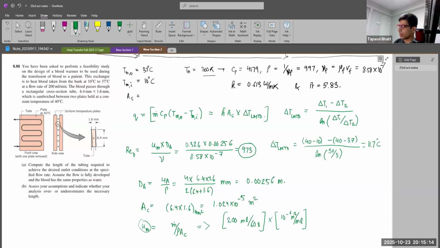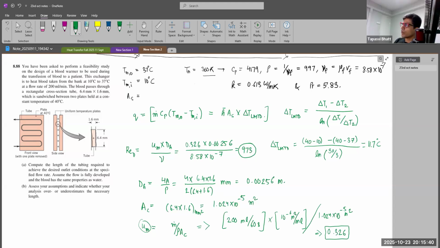From this you can convert ml to meter cube. Why am I converting? Because I want to divide it finally by the area. Now what is the area? The area is 1.024 times 10 to the power minus 5 meters square. So from this you will get 0.326.